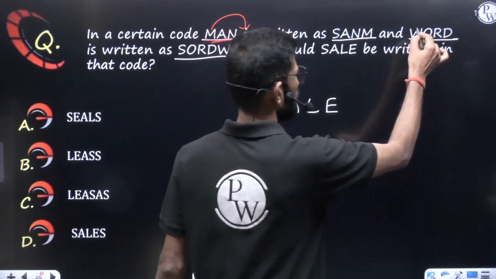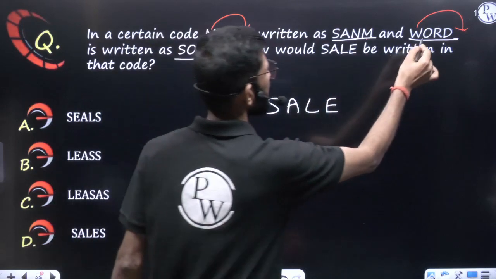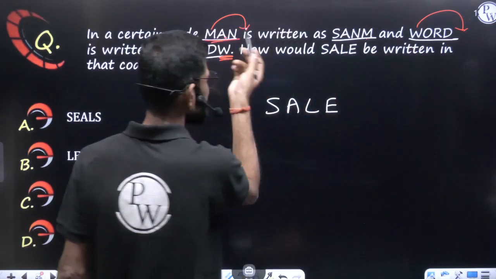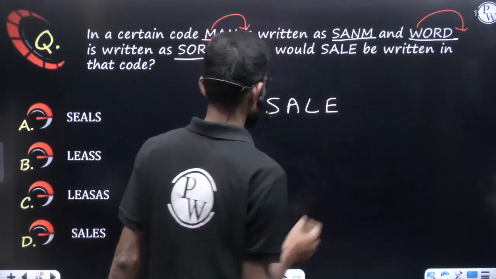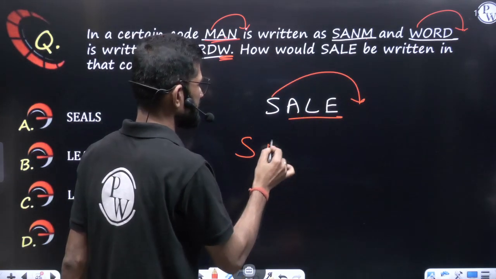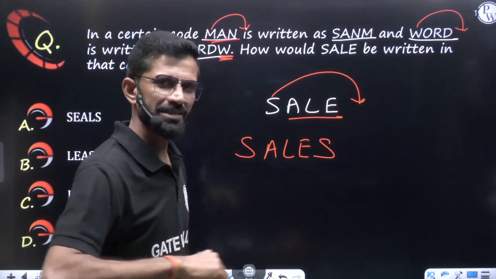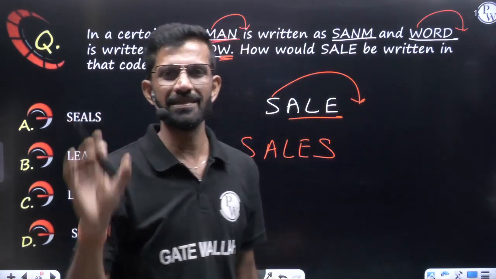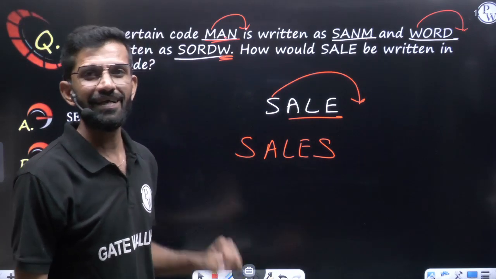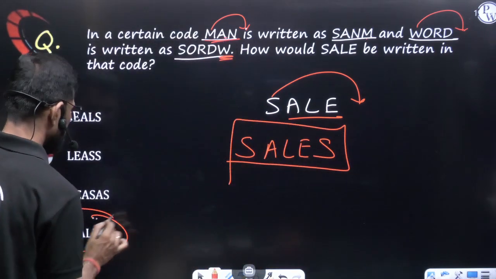In word, you can find W is sent to the last and SORD is written, S is extra, ORD is written as it is. So here S we will put first, ALE we will write as it is, and the first letter is sent to the last. First letter is sent to the last, the remaining part as it is, with the extra letter S. So our code becomes SALES, that is option D.